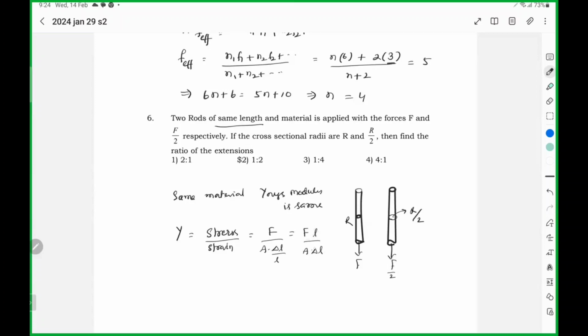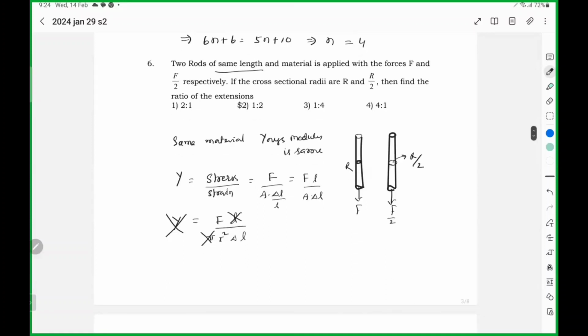Applied forces are different. Here I will write FL, area is pi r square, delta L. Whatever is same, let us not consider. Pi is constant. So here force is changing, and the radius of the cross section, hence the area of cross section, changes. So if I denote delta L, with E constant.